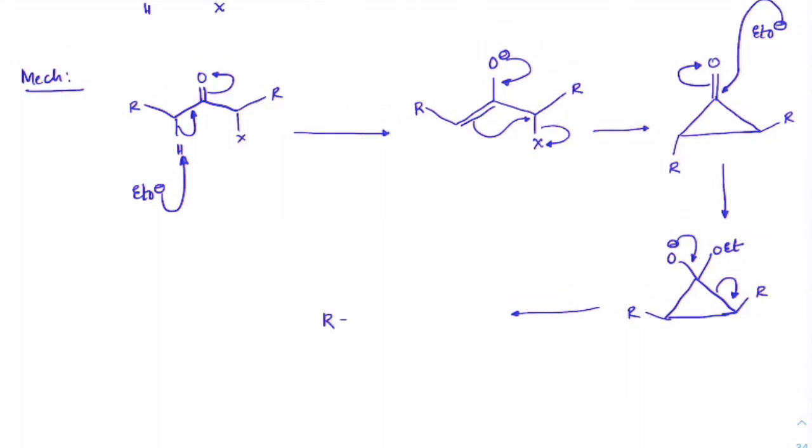So you'll get this as R CH2 with C double bond O, OEt.